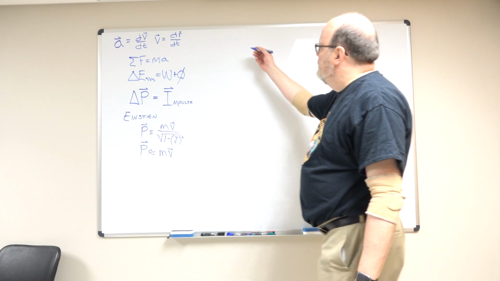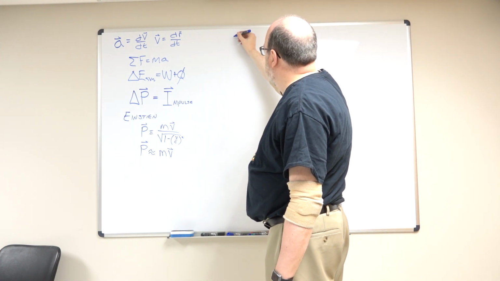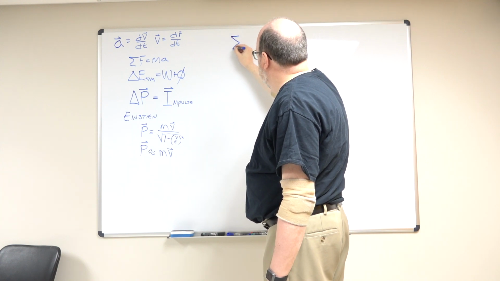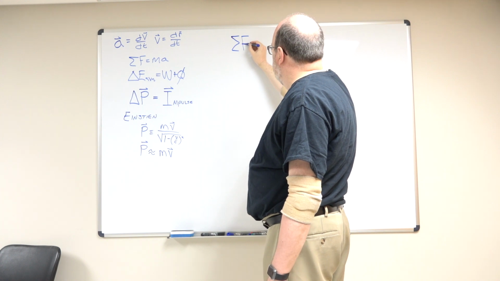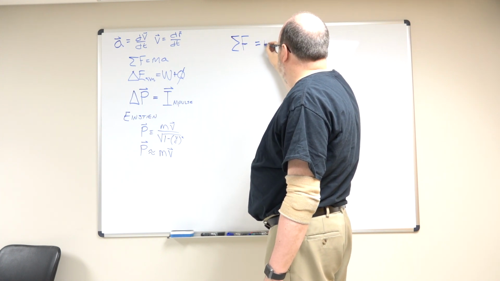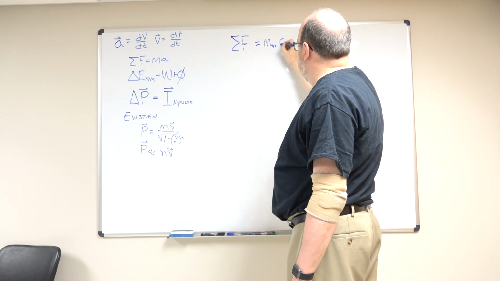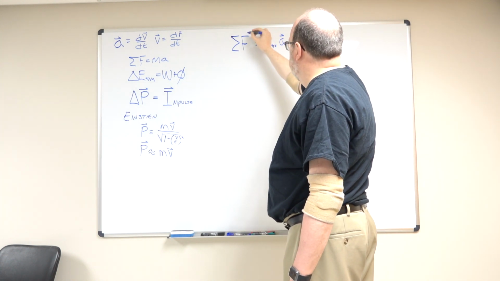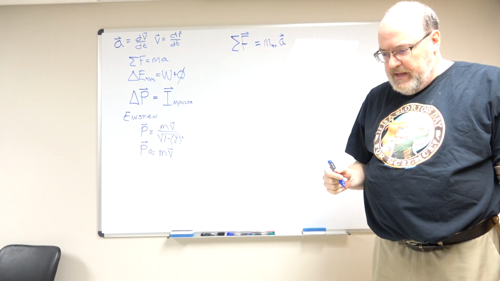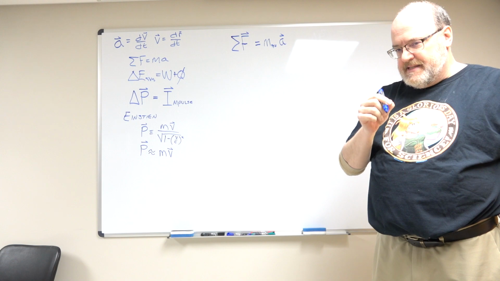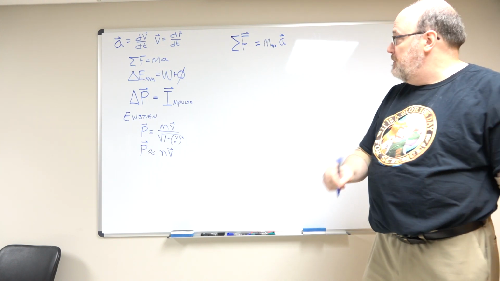So that we have all of the forces that are acting on the mass system, and they cause an acceleration. This assumes the mass is constant. What if the mass is time dependent?